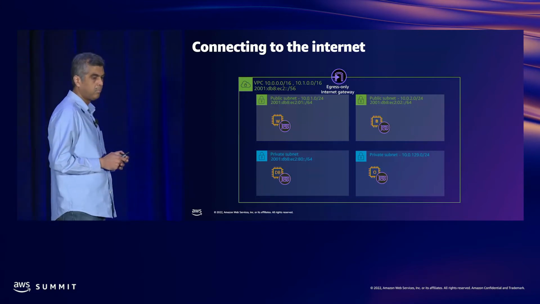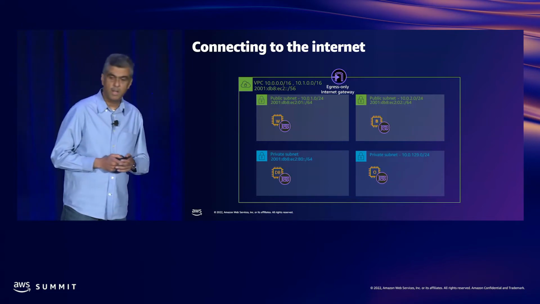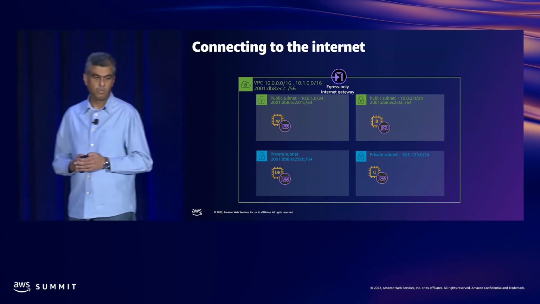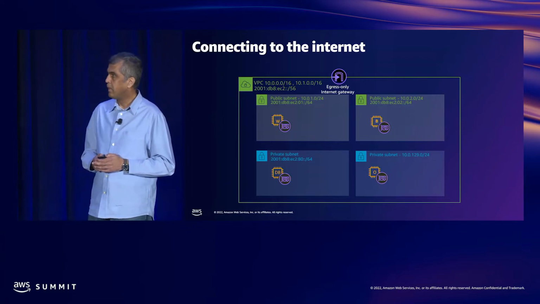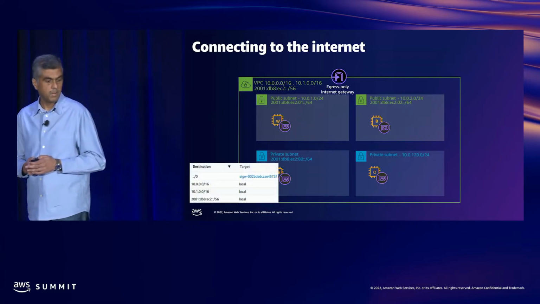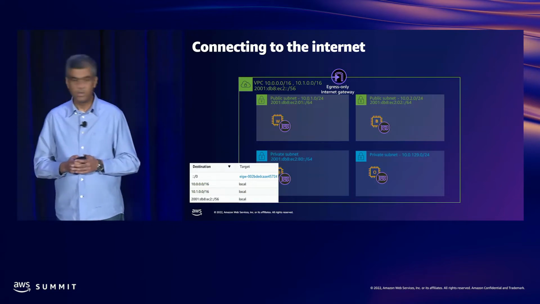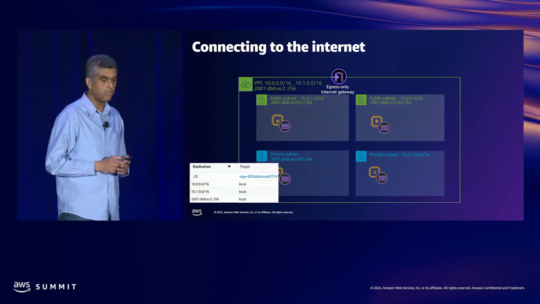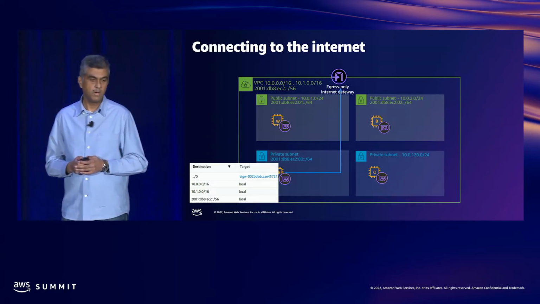So in the bottom left, you see a private subnet resource with an IPv6 address that you want to be able to talk to the outside world. You create an egress-only internet gateway, attach it to your VPC, and then again, update your subnet route table. In this case, you have ::/0 pointing to the EIGW for short, and your resource is now able to talk outside using the egress-only internet gateway.